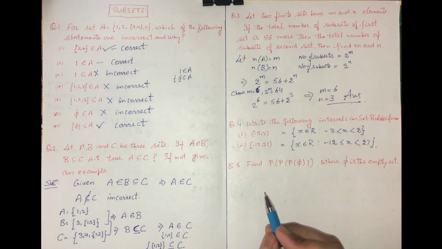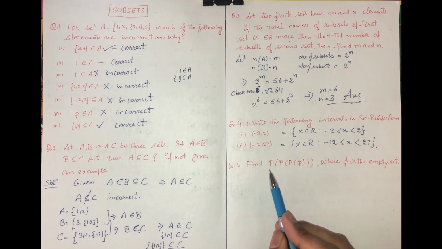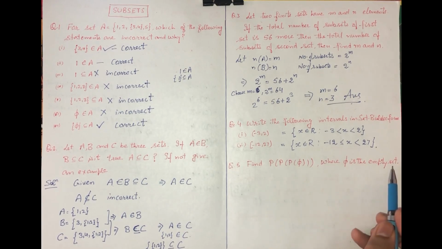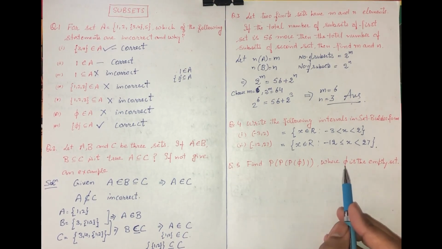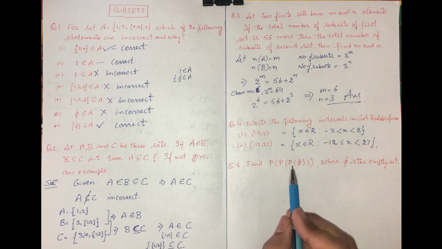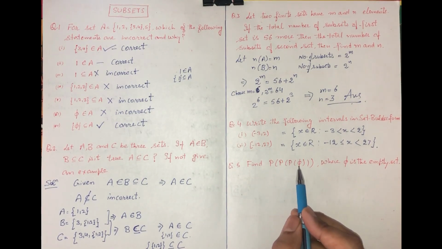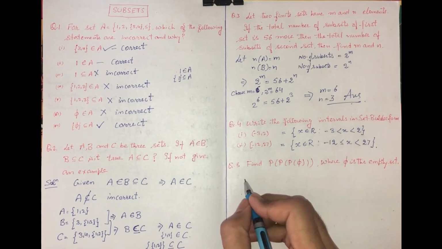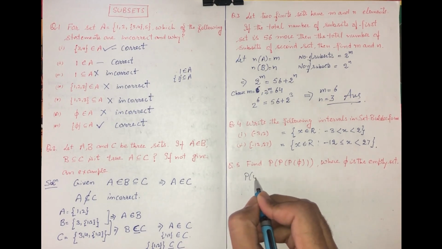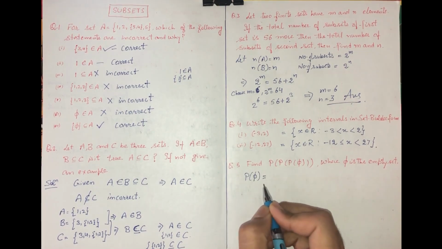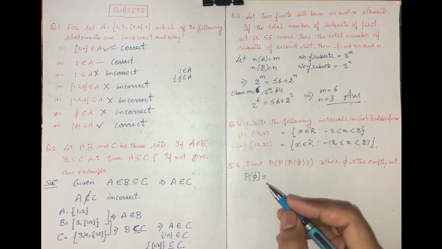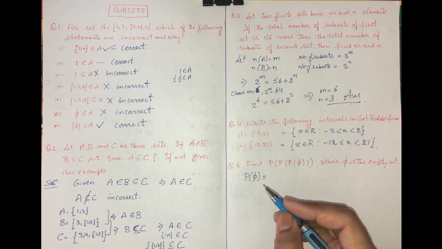Now next question, find the power set of this, where phi is an empty set. So you see phi is an empty set. So what is power set of empty set? How many elements are there in empty set? 0. So P of phi, you see P of phi is, how many elements are there in this? 2 power 0, that is 1.